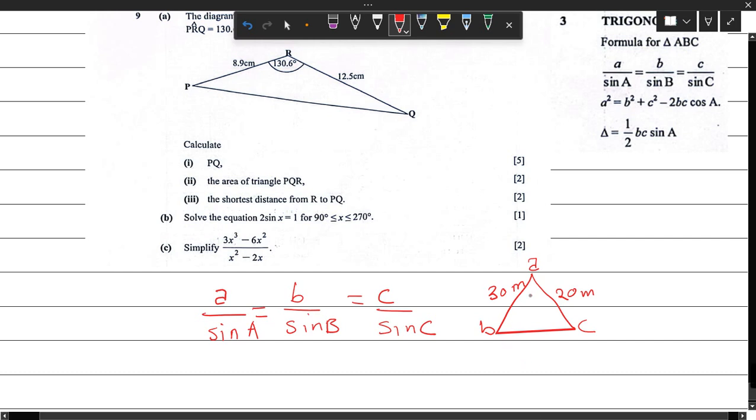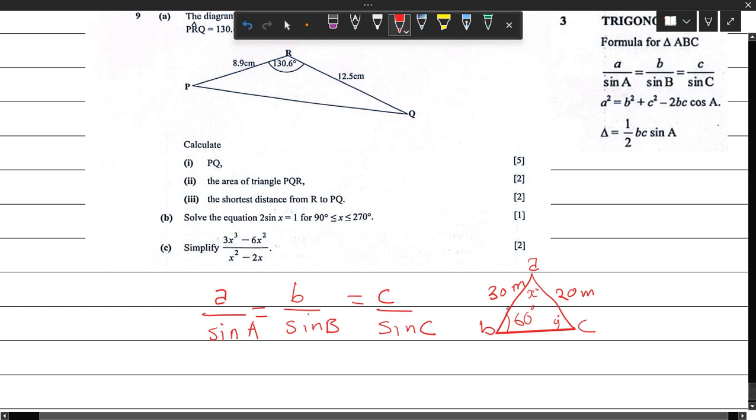And then we know the angle here to be 60 degrees, and we don't know the angles here.